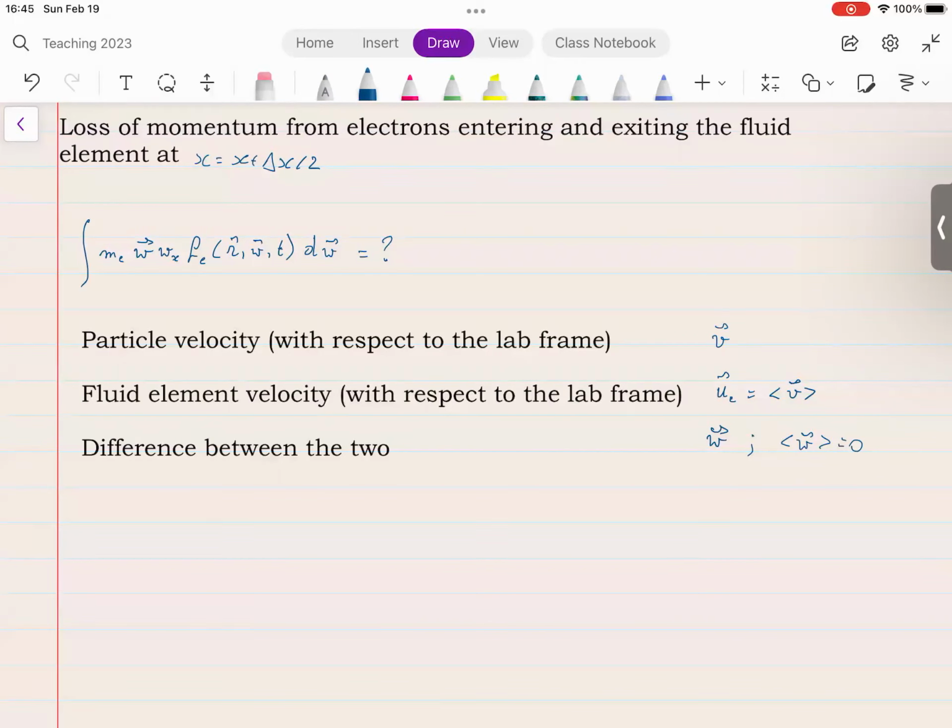And that assumption is that the distribution function is a Maxwellian in W. Let's see what that means. I'm going to spell it.